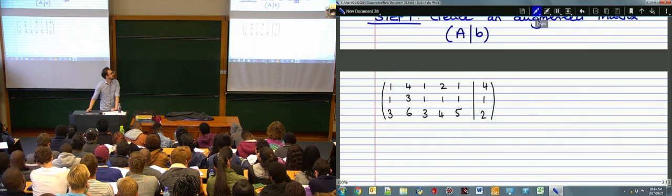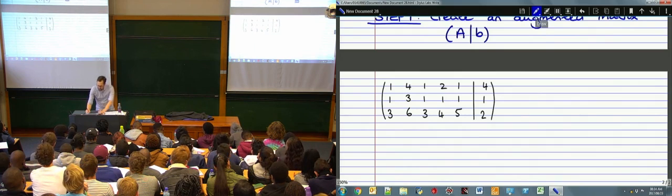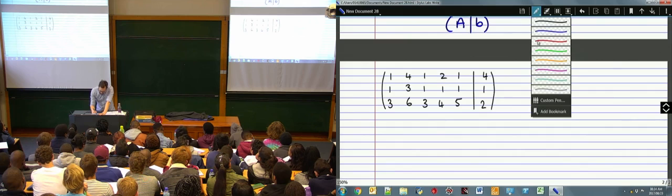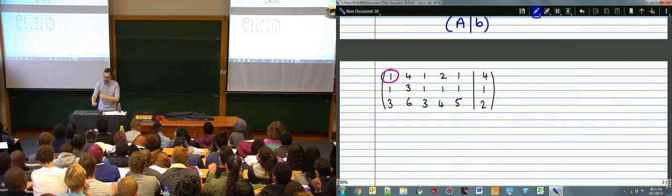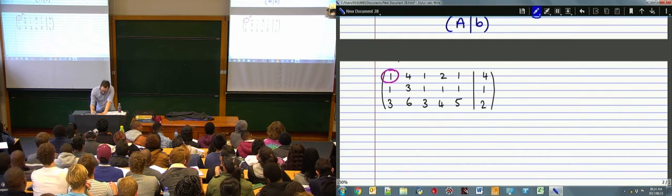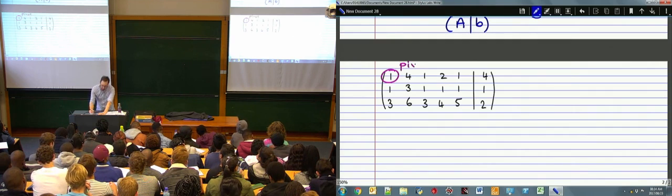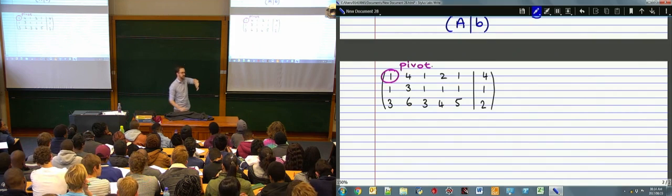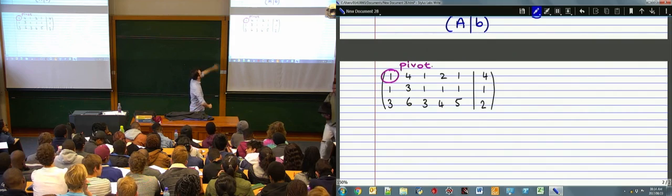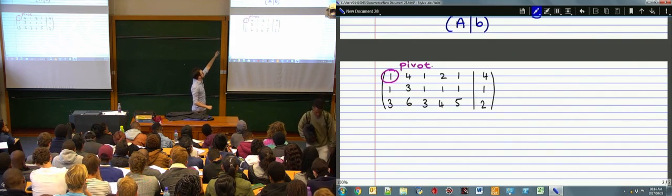In fact, let me now also just say one other thing. This entry over here is called the pivot entry, right? And the pivot entry has got to be as far left as possible, and it's got to be non-zero. And we want a pivot in the top row.